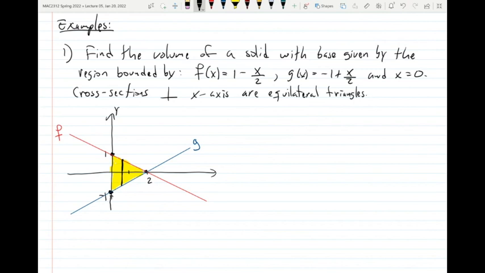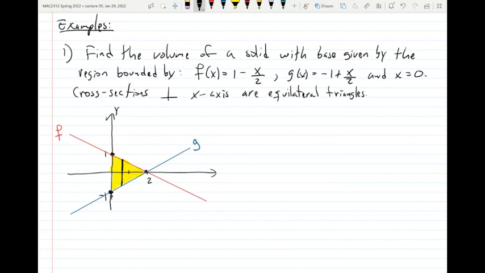Imagine the solid coming out of the screen, but in such a way that every time you cut it like this, perpendicular to the x-axis, you take out an equilateral triangle. So the solid is really coming out like this in a triangular way. Every time that you cut, the slice is a triangle. Do you understand what I'm saying? Again, you don't really need to draw it. If you're good at drawing, then you can draw it, but you don't really need to.